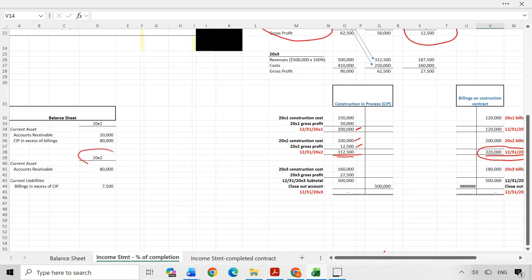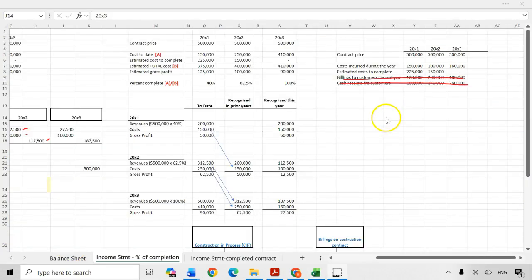So in 20X2, when I do my balance sheet under my current liabilities, now I'm going to have billings in excess of construction in process for $7,500. I also have to record my accounts receivable for all the amounts that I've recorded in accounts receivable, less everything that I've collected, which was $80,000, again, from the balance sheet side of the equation.